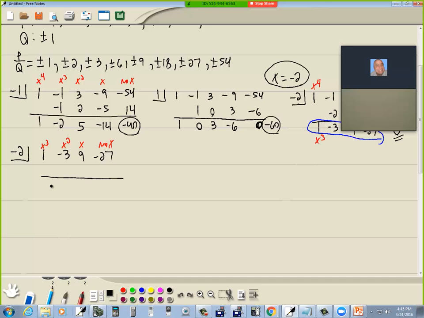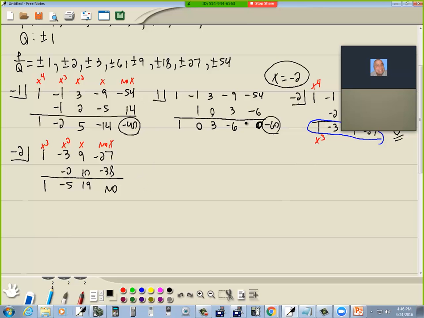After you find your first answer, it isn't just specifically for x to the fourth; it transforms the entire line. So if I add, multiply, add, multiply, add, multiply, that doesn't work. It doesn't give us a zero remainder.